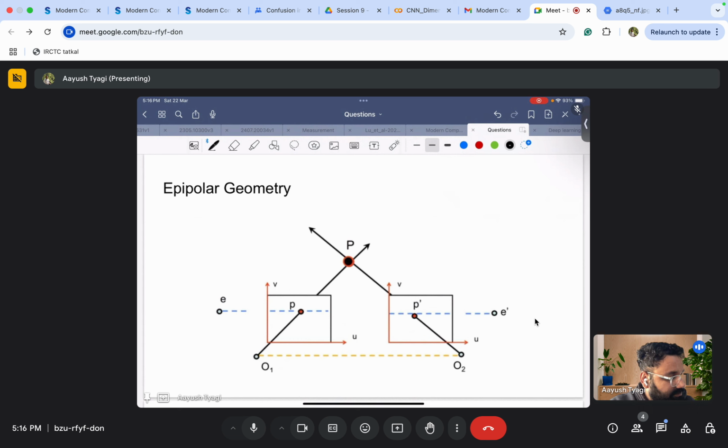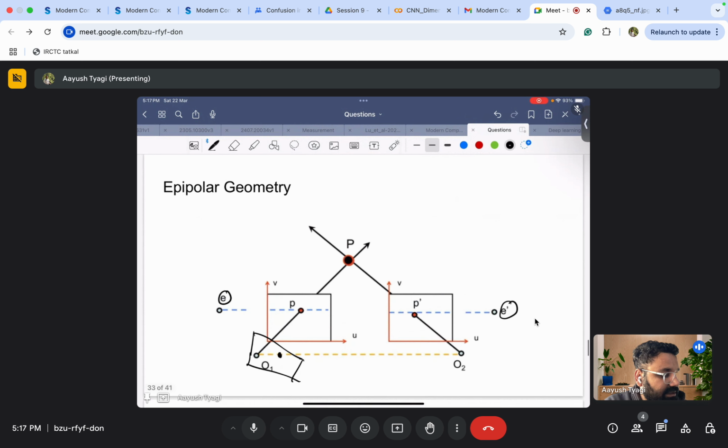This is the case where the two camera planes are parallel to each other, so both of them are in this way rather than this way. In that case, these E are called the epipole points. This was your plane, and the points where E and O in this baseline intersect are called the epipole points.